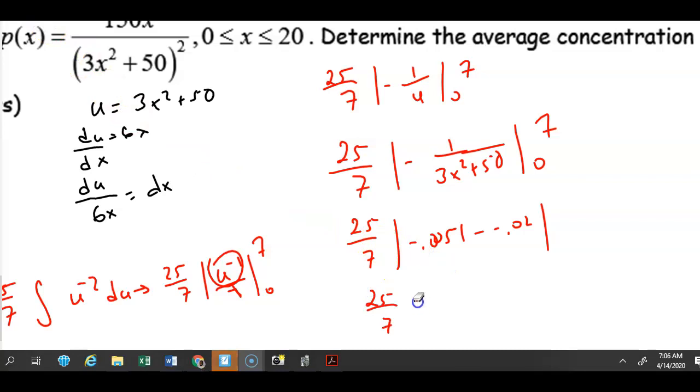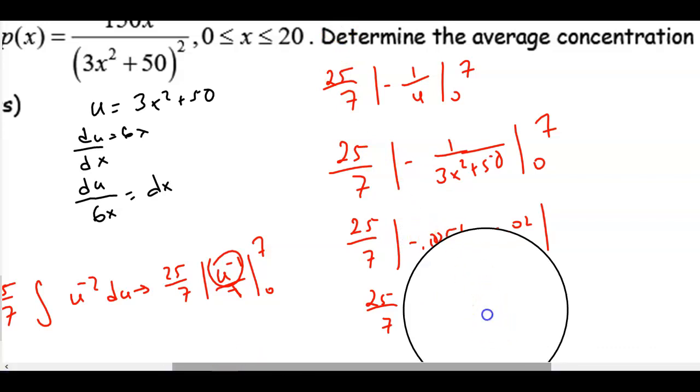And then when you do the math on this, I'm just going to do 25 over 7 times 0.0251. Remember that's addition, so that's 0.0. Actually, nope, I did that wrong. Almost made a mistake. Oh shoot, didn't mean to do that either. It's 0.0149.